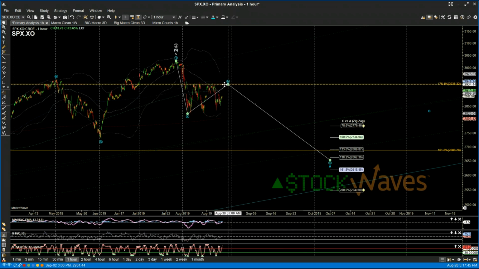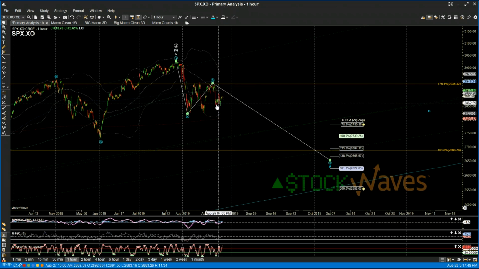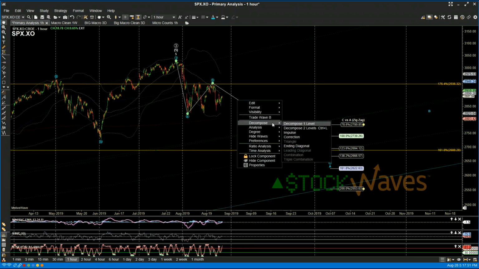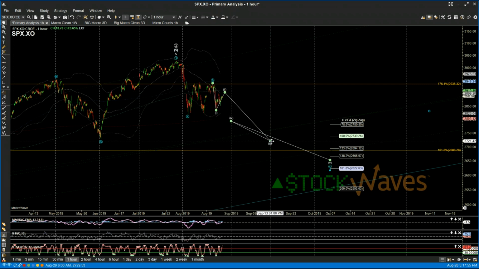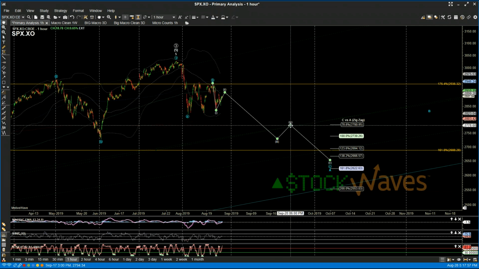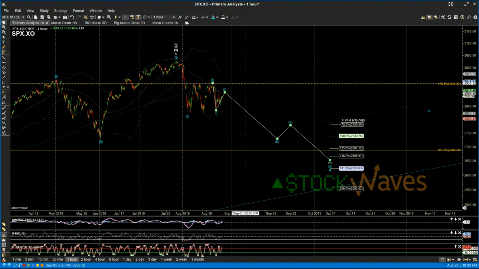If we do in fact continue a little bit higher today, and certainly, the other thing that's possible, and this is what we've talked about on the site a lot of times, is that we're trying to give you guys a lot of different analysis at different time frames for all of the different types of traders and subscribers that we have.